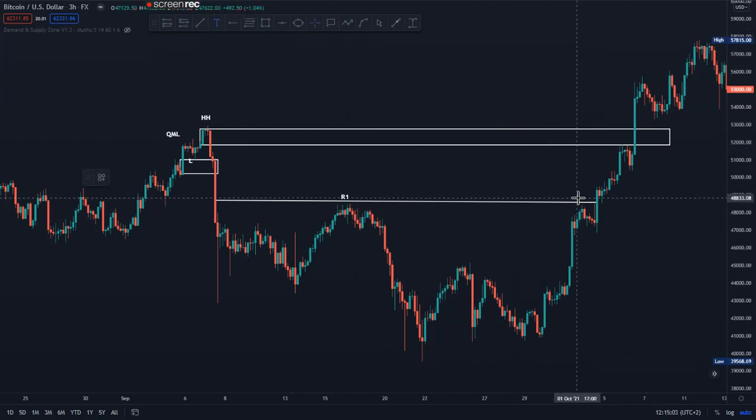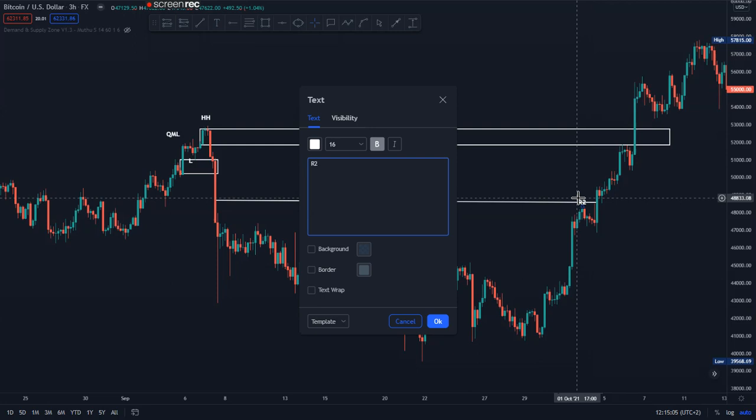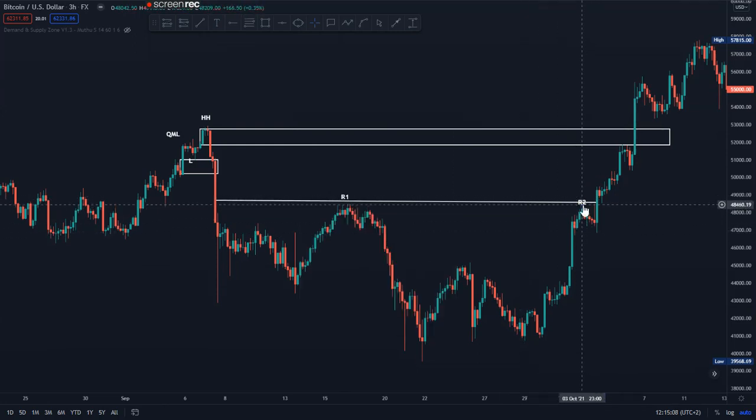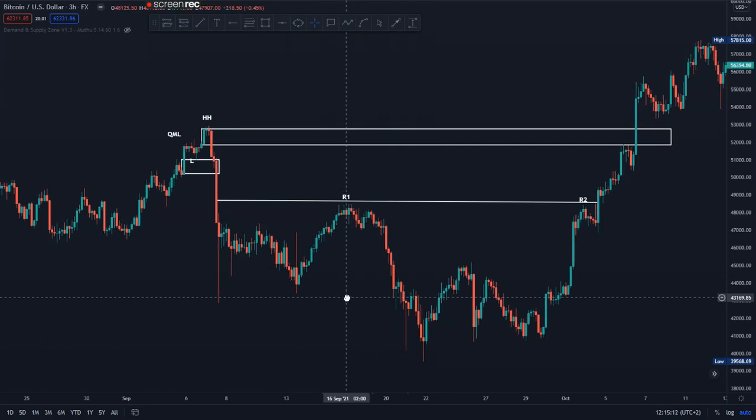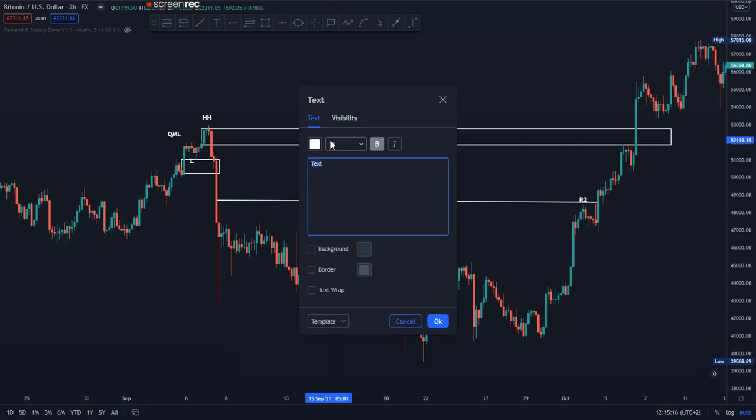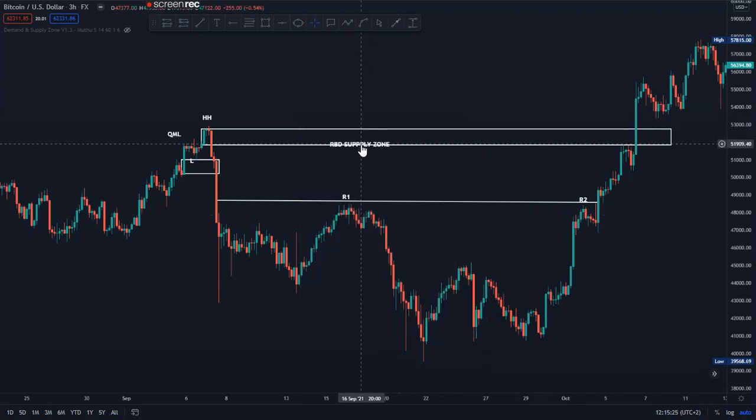This looked like a good setup, meaning this was a rally based drop supply zone, and my plan was to sell from this level.